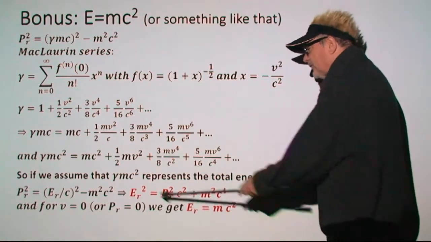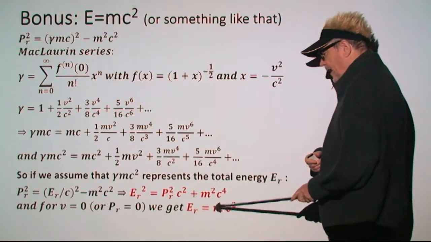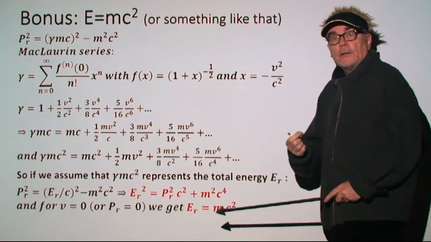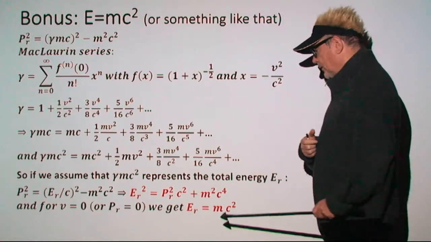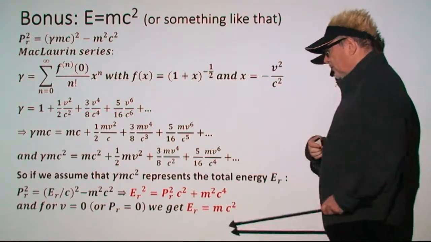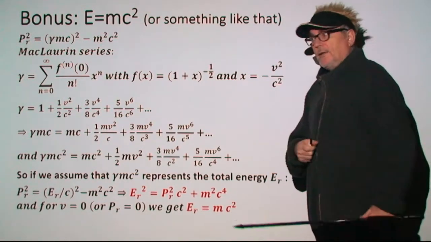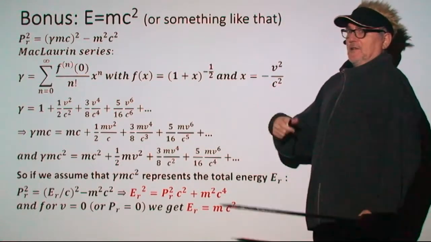Since we're not moving, this is the mass at rest of the particle. And here you get your famous Einstein equation, E equals mc squared.